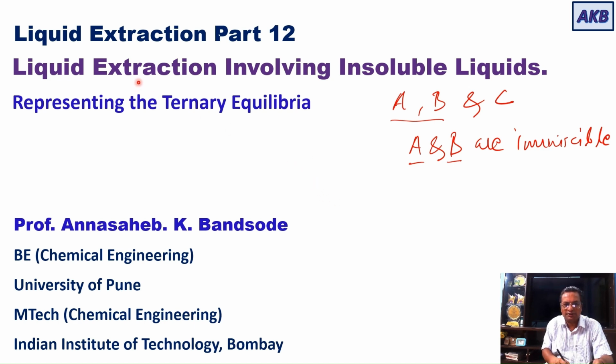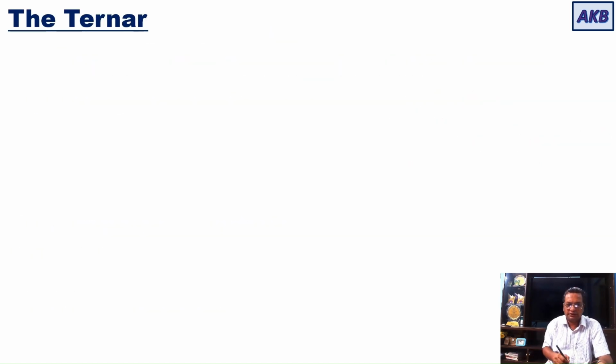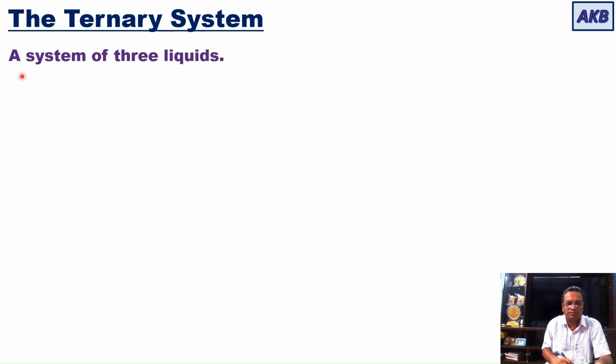So we are discussing liquid extraction involving insoluble liquids. By insoluble liquids, I mean in the system of three liquids A, B and C, A and B are immiscible in each other. First, let us know the ternary system that we will be considering. It will be a system of three liquids A, B and C. C is soluble in both A and B, and C is the solute to be recovered.